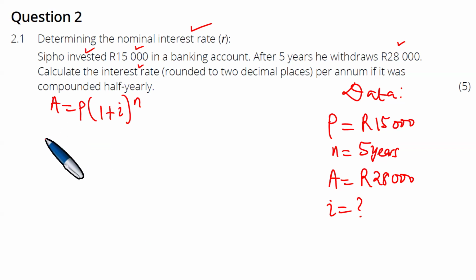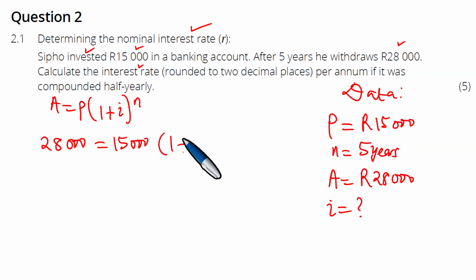What is the final amount? 28,000. The present value, 15,000. We want the interest rate, but it was compounded half yearly. So divide this by 2.